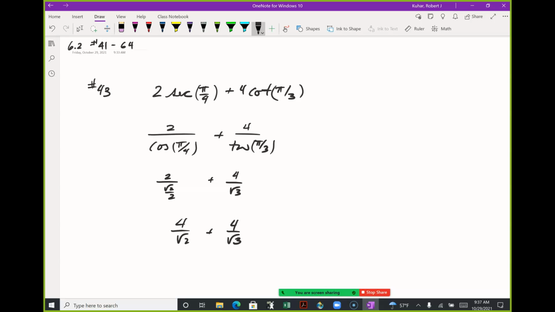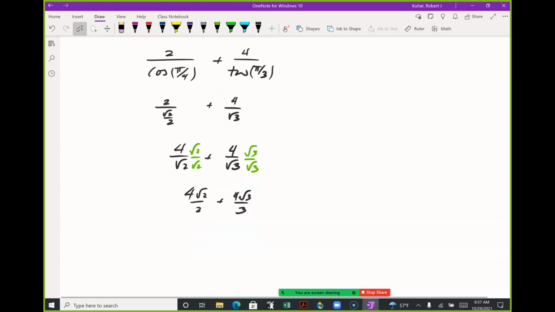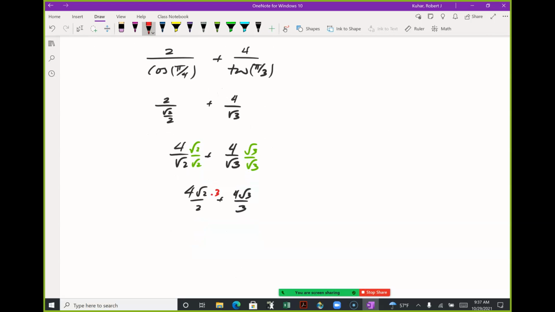And so then I'll rationalize, right, with rad 2 over rad 2. Is everybody okay here? So I've got 4 rad 2 over 2 plus 4 rad 3 over 3. And then I'm just going to get an LCD, right? So times 3 over 3 times 2 over 2. So I get 12 rad 2 plus 8 rad 3 all over 6.